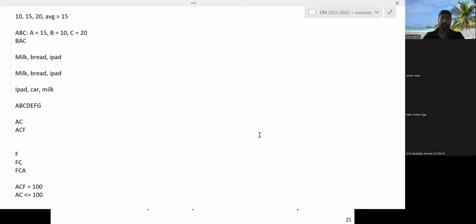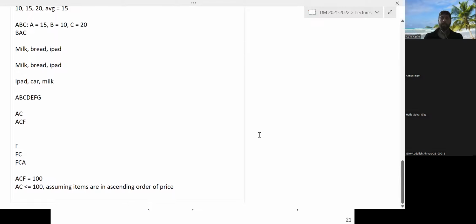Okay, so assuming the items are in ascending order of price, understood. So that's what we are saying here.